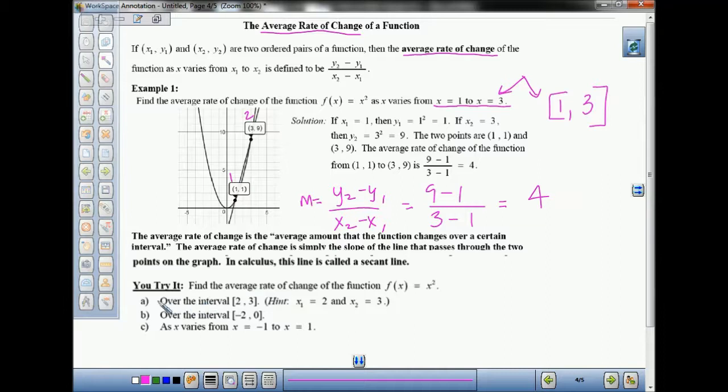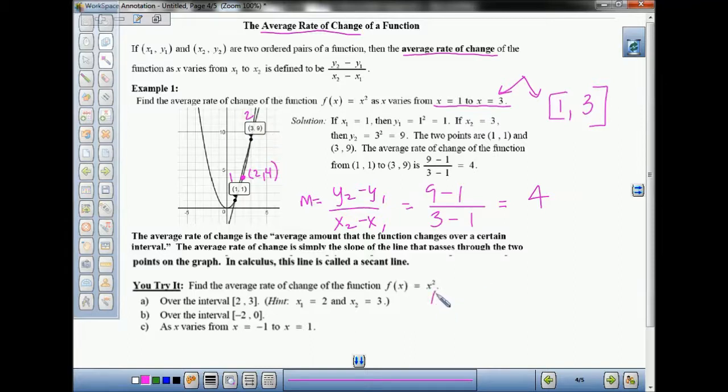Now, let's take a look at this. Over the interval from 2 to 3. So if I look at my graph at 2, here's the point. At 2, the y value is 4. So to go from 2 to 3, this is what I'm dealing with, the point (2, 4) and the point (3, 9).